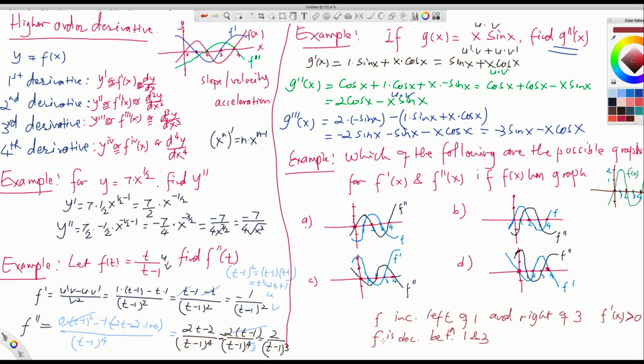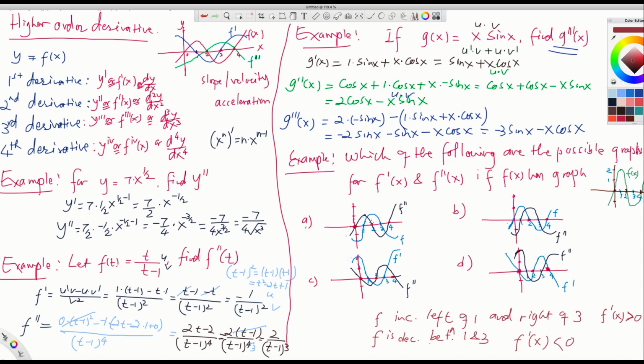So on the left of 1 and right of 3, you need the first derivative to be positive, meaning the graph must be above the x-axis. The graph of f prime must be above the x-axis there, and here the graph of f prime must be below the x-axis. That must be negative. Okay, let us see which of the graphs have that property.